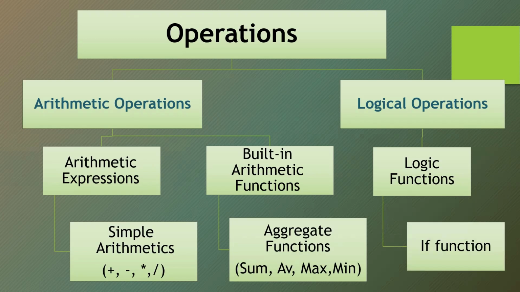The logical functions are functions used to compare something, and the most famous example is the IF function. The IF function compares a condition, and if that condition happens, it will go one way, and if it doesn't happen, it will go another way.